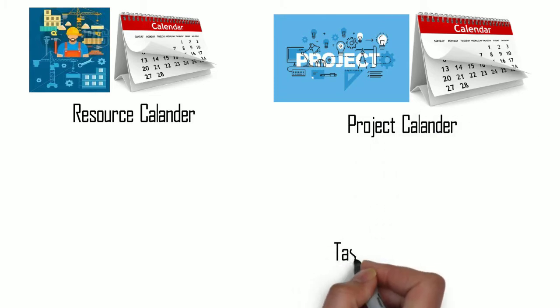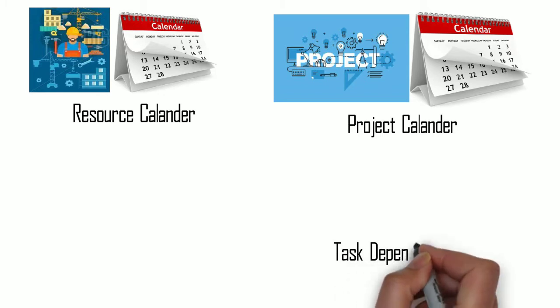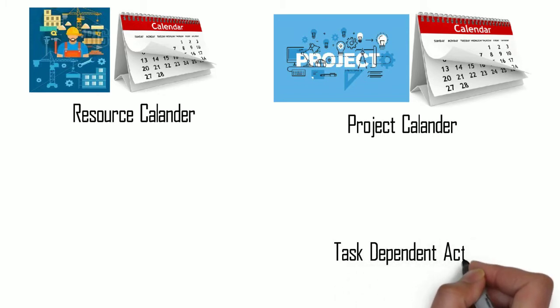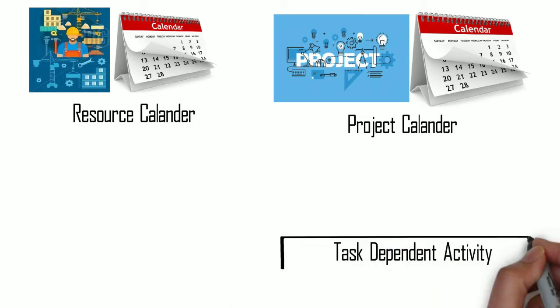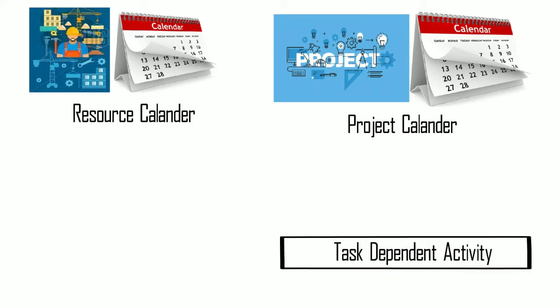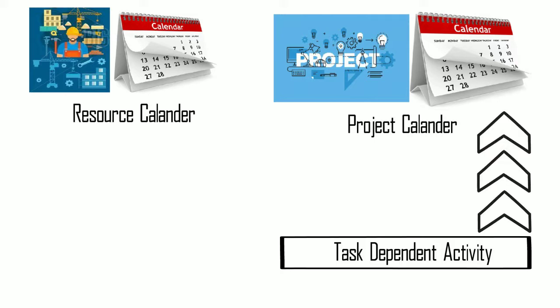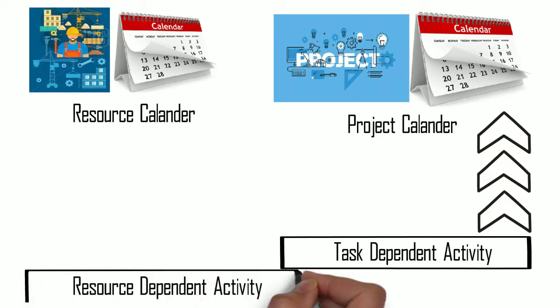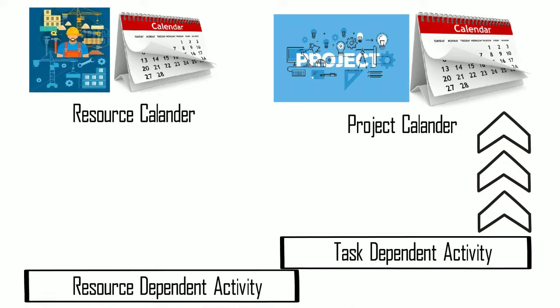Now task dependent activity will follow the project calendar. Arrow represents the relation. Resource dependent activity follows the resource calendar. Again, the arrow also represents the relation.